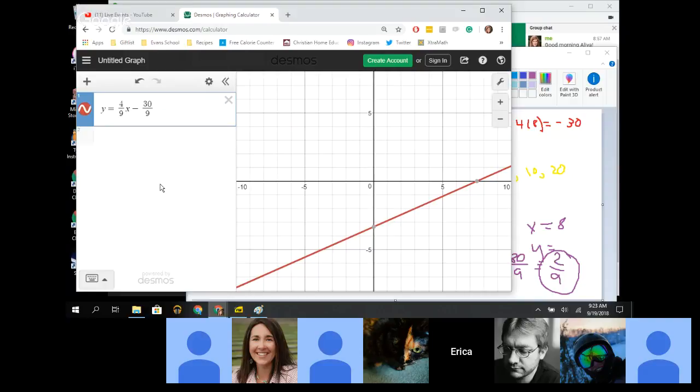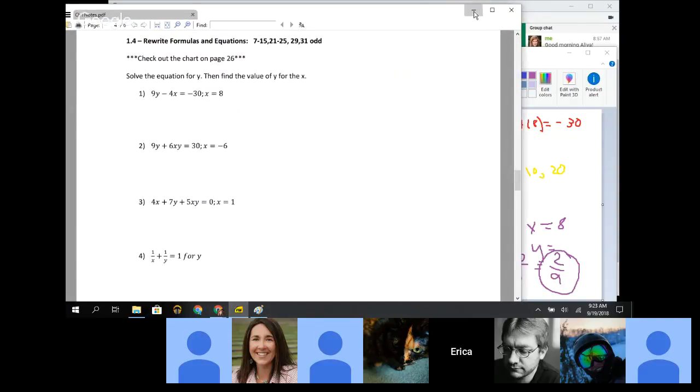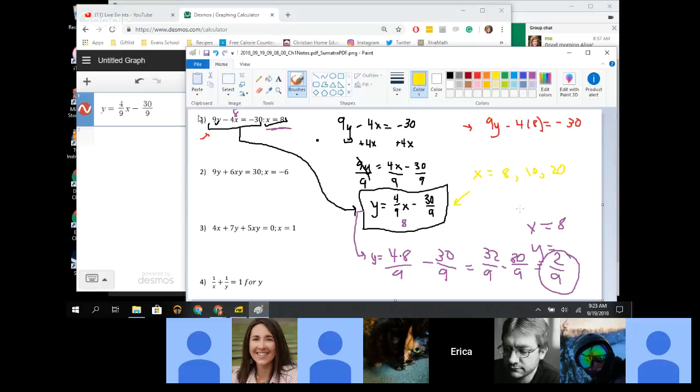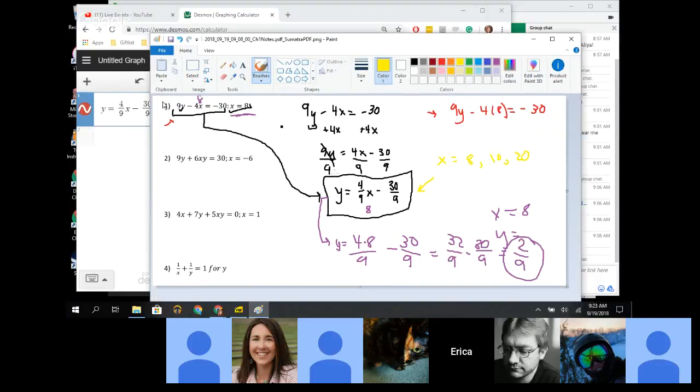And that's what, right? Just making sure. Where's that paper at? Yes. 4 divided by 9 times x minus 30 divided by 9. Okay. I know we're going off the path a little bit, but this is going to be an important introduction for the whole class.